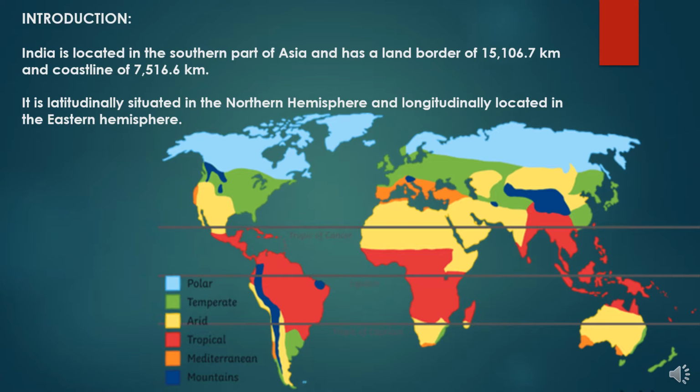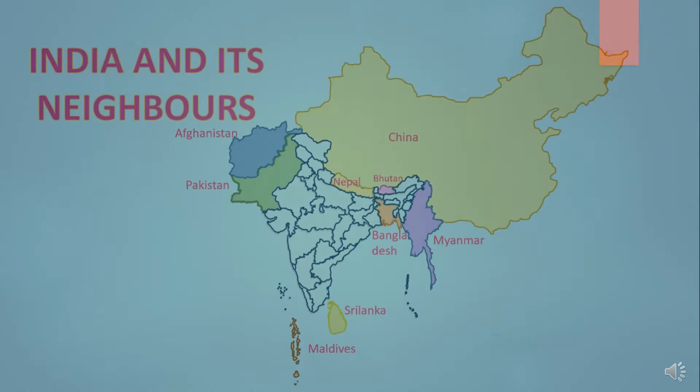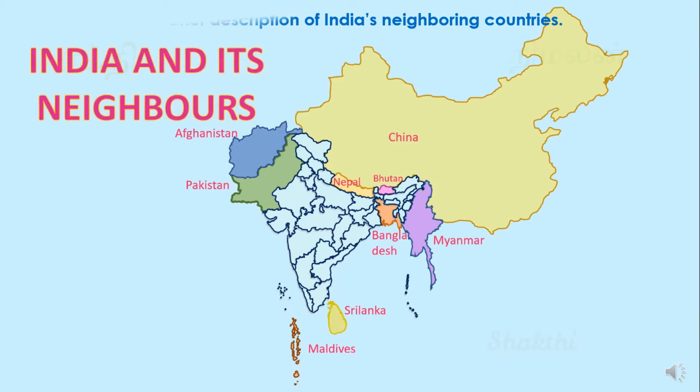It is latitudinally situated in the northern hemisphere and longitudinally located in the eastern hemisphere. We will now see a brief description of India's neighboring countries. India and its neighbors.